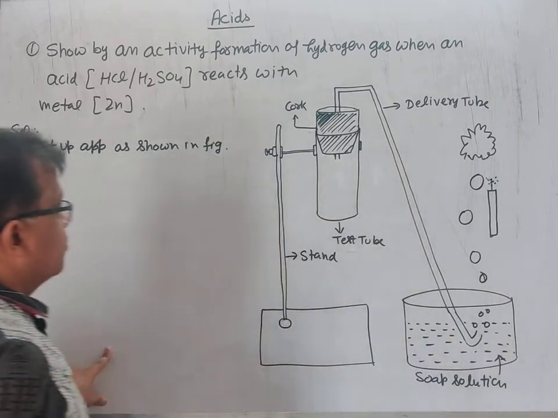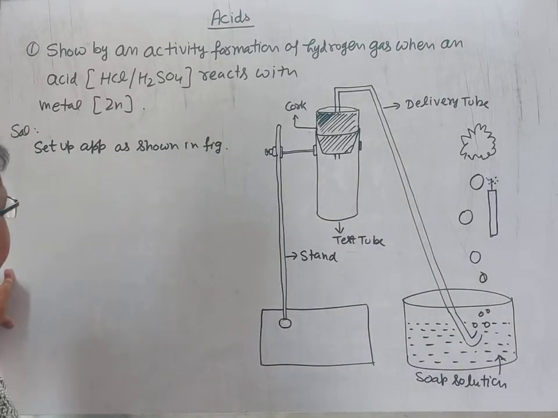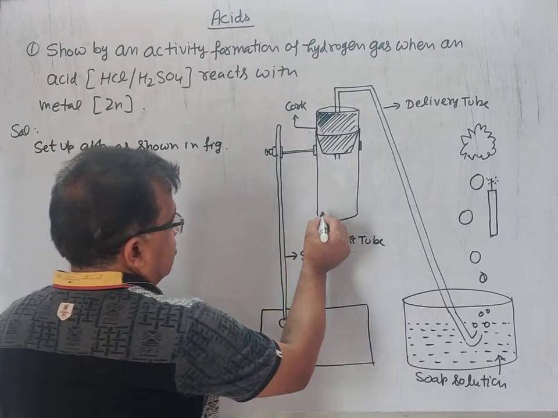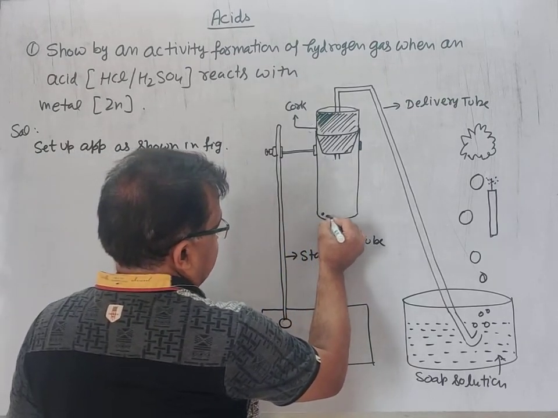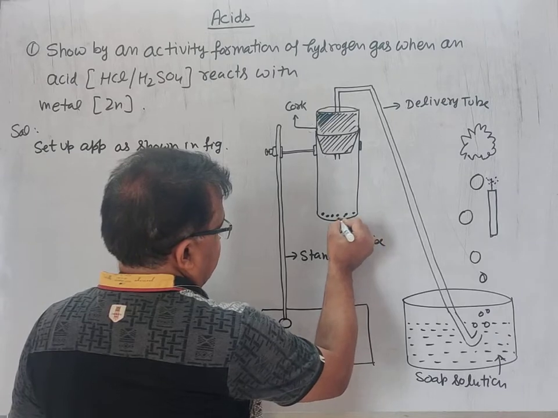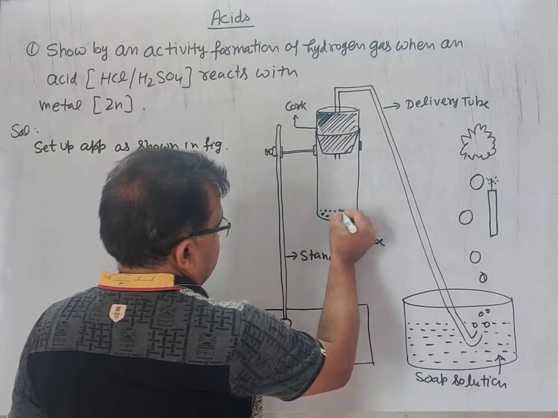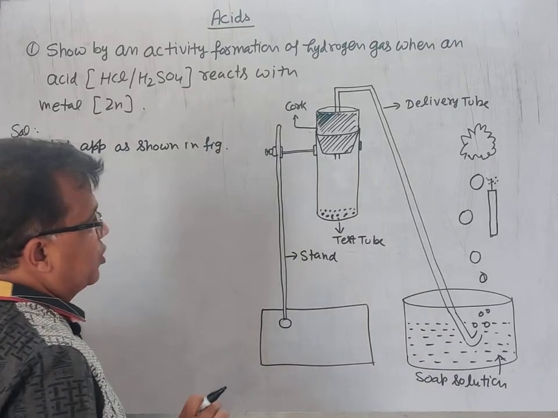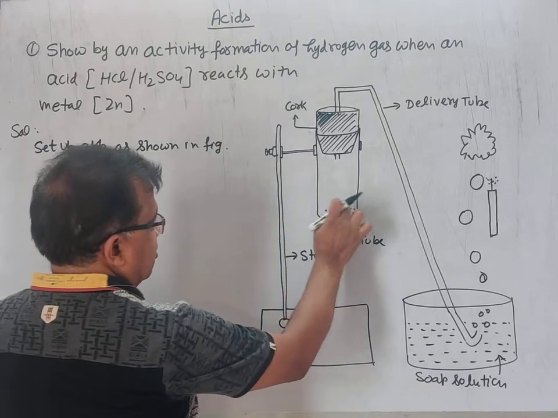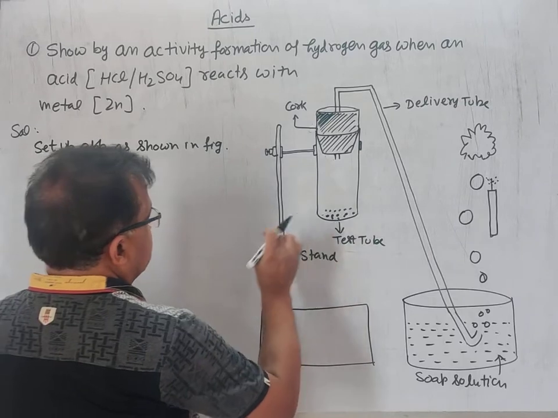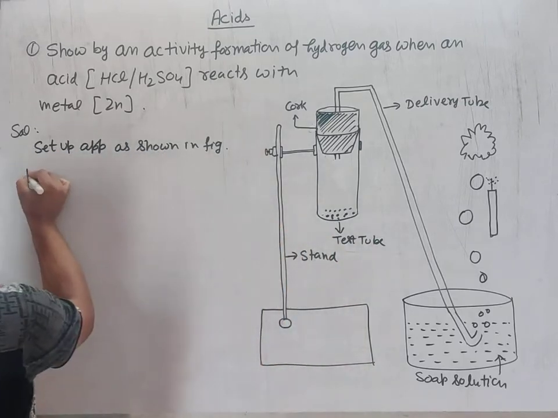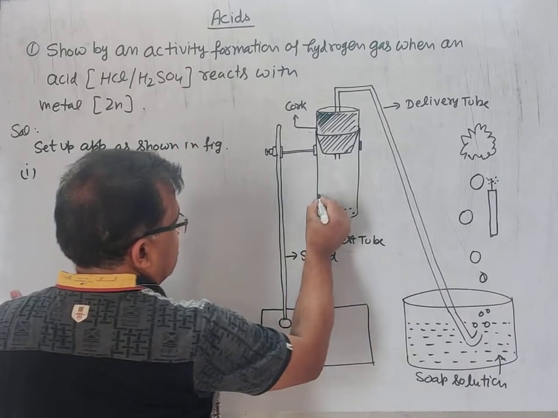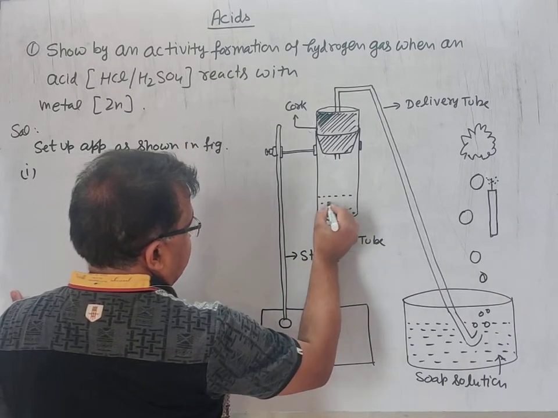At first we shall place some zinc granules in this test tube. In the starting there is no cork on the test tube. We shall place some pieces of zinc granules, then we shall place some H2SO4 in it.